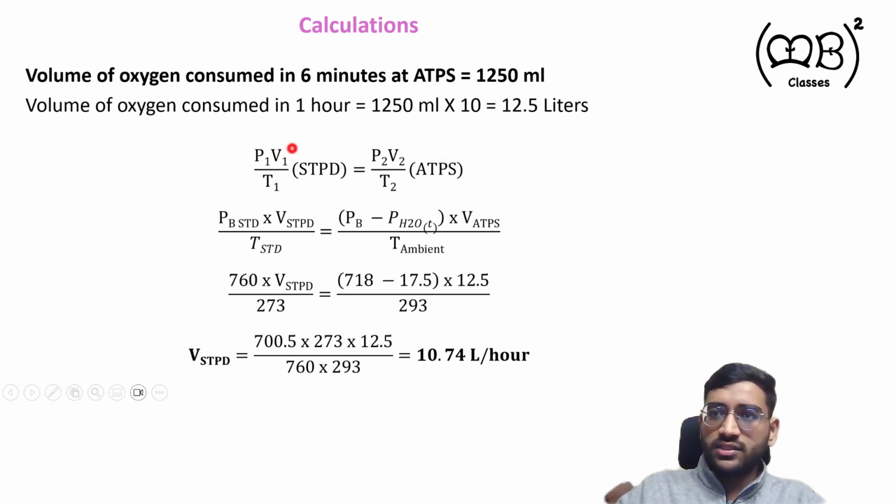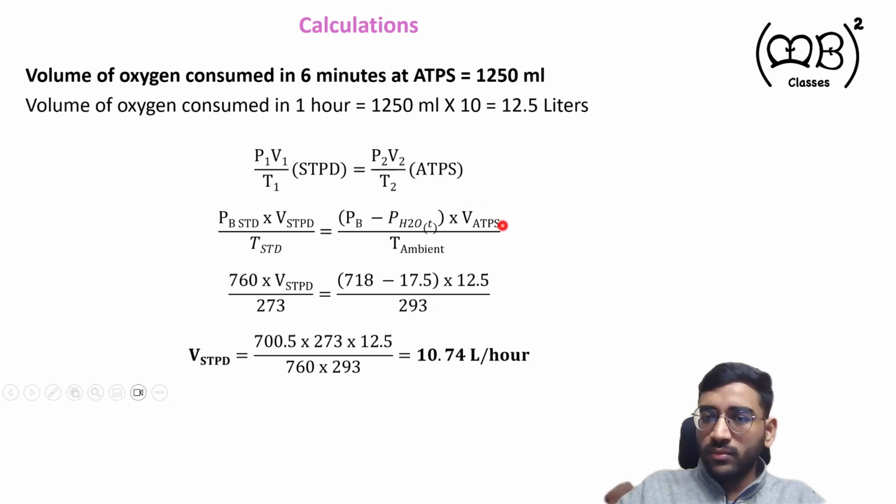Converting it into STPD would require P1 V1 by T1 is equal to P2 V2 by T2. Here the pressure is the standard barometric pressure, which was 760. The temperature is the standard temperature of 273 and the volume is the volume at STPD which we require. Going here, the pressure is the barometric pressure minus the water vapor pressure, which is 718 was the barometric pressure, and 17.5 we calculated at the ambient temperature, which was 20 degrees, by 17.5 mmHg.